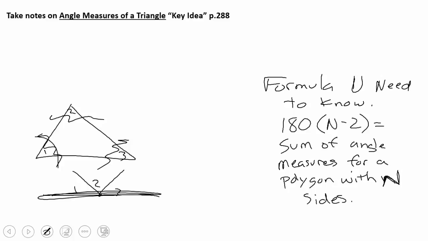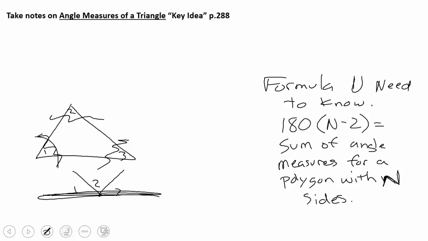Yes, a triangle is a polygon. A polygon is an enclosed shape, there's no opening, so it's a closed figure formed by straight sides. And the smallest one you can have is 3 sides.